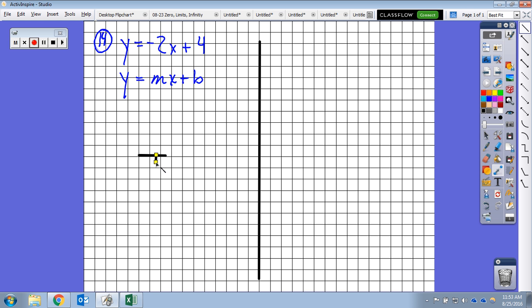Well, there's no graph on here for that one. Yeah, but we're going to go over how to graph it. Okay, so we'll keep it blue.